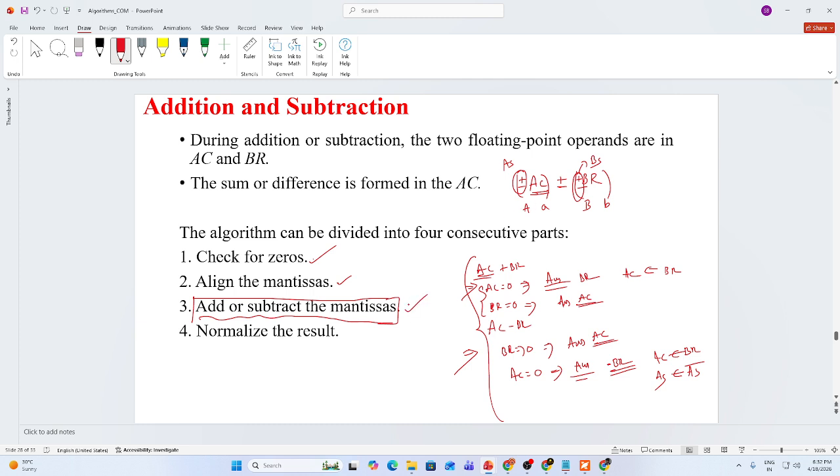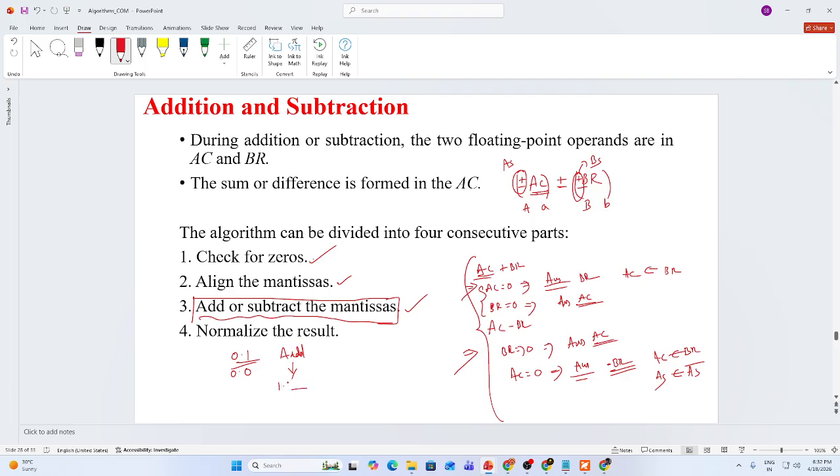After getting the result, I need to ensure the normalized value. Normalized value means I should get a 0 point non-zero number like 0.1. I should not get an answer like 0.0 something. In case of addition, there is a chance of overflow, where I will get a 1 point something answer.